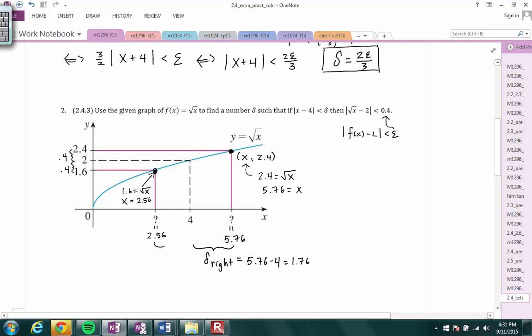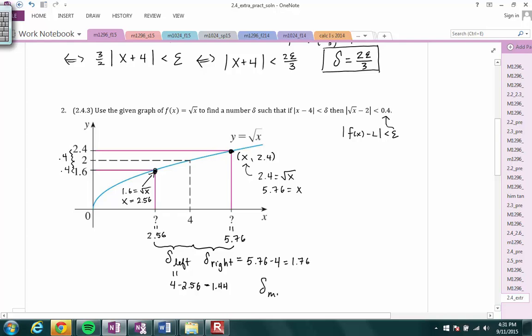So now to figure out the delta on the left, where we're at, that's going to be 4 minus 2.56. Do that calculation and get 1.44. So we're going to take the smaller of the two.